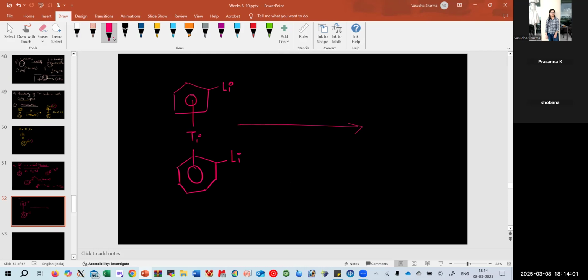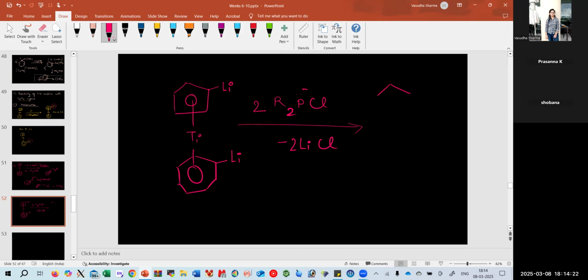So the second step is when we are treating with a phosphine group, where we have R2 phosphorus and chlorine. Here you can clearly see that two molecules of this can release two molecules of lithium chloride, and in place of lithium, it is going to bind with your phosphorus group.